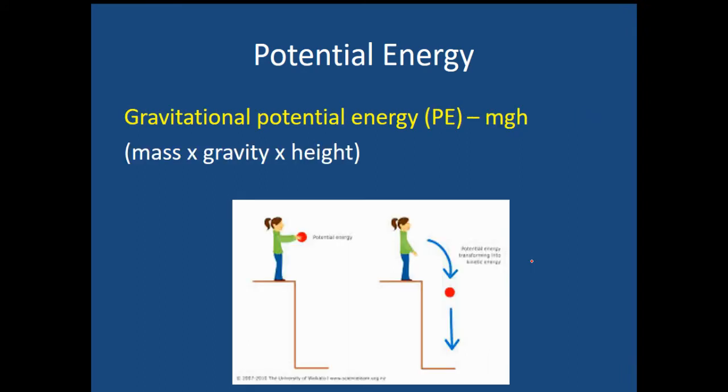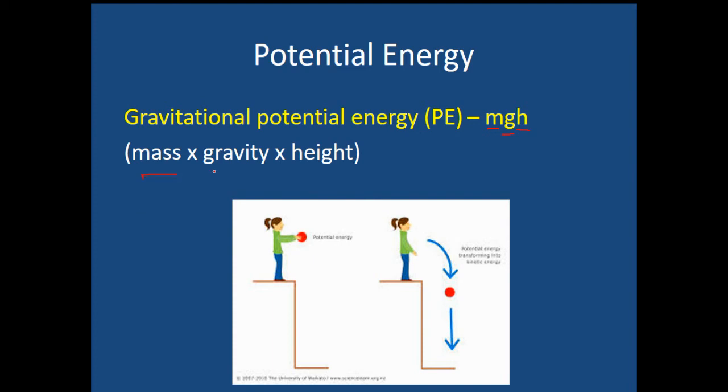Now, the most common type of potential energy is gravitational potential energy. And basically, all that is based on is how high an object is off the ground and its mass. Now we do have an equation for that. Gravitational potential energy equals mass times gravity times height, the height of the object above the ground.